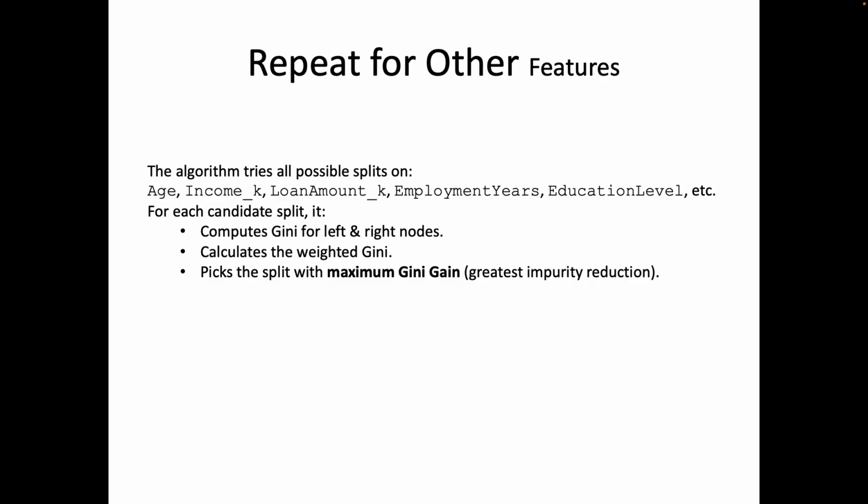The second was based on credit score, right? Now we are left with age, income, loan. We can pick up the next one, and this will be done automatically by the algorithm, but you need to understand the background of it. So you compute for all of them and pick the split with the maximum Gini gain.